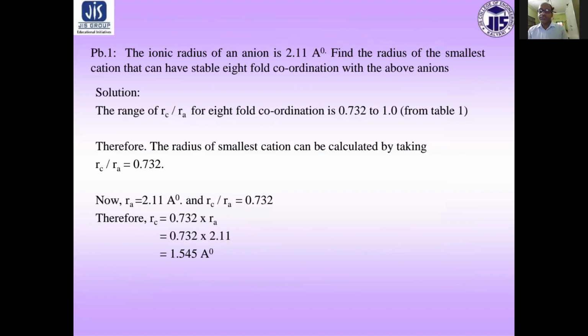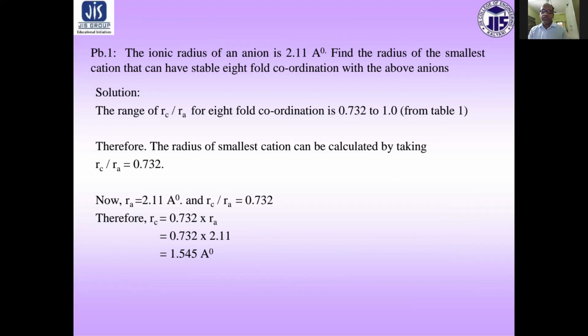Now in this case, there are small problems. That is problem number 1. The ionic radius of an anion is 2.11 Angstrom. Find the radius of the smallest cation that can have stable 8-fold coordination with the above anion. So the range of Rc by Ra for 8-fold coordination we can find from the table; it varies from 0.732 to 1.